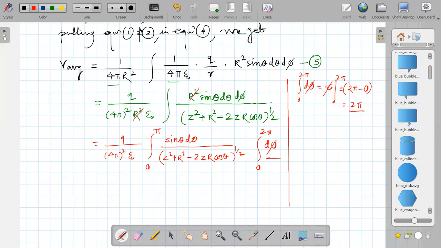Then the next point is sine theta d theta upon z square plus r square minus 2zr cos theta. In this integral term, the denominator is z square plus r square minus 2zr cos theta.